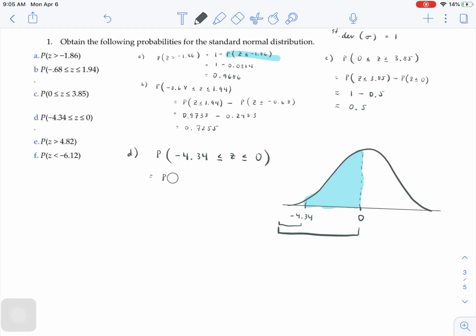So this is equal to the probability that z is less than or equal to 0 minus the probability that z is less than or equal to negative 4.34. I can remember from the last time I looked at the table, the probability or the area to the left of 0 was 0.5. Now we just have to find the area to the left of negative 4.34.